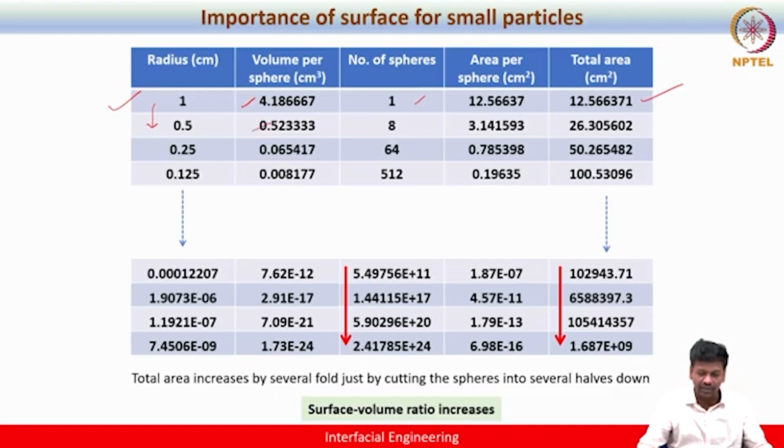Now, when you calculate the area per sphere, it is again lesser than what we obtained in the previous case. But if we have to achieve total area, we need to multiply this area per sphere by the number of spheres. You look at this one, because the number of spheres has gone up. So when we multiply these two values, you get the total surface area, which is at least 2 times higher than the previous one, right?